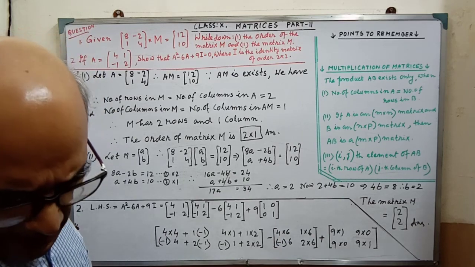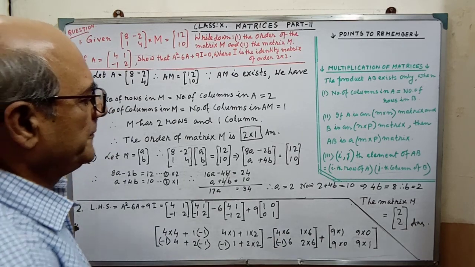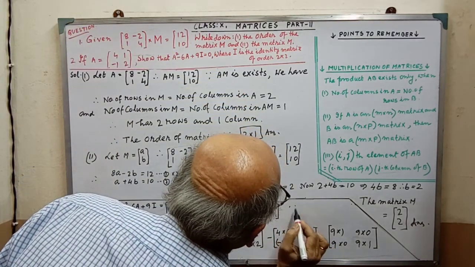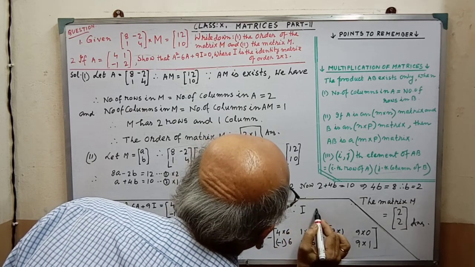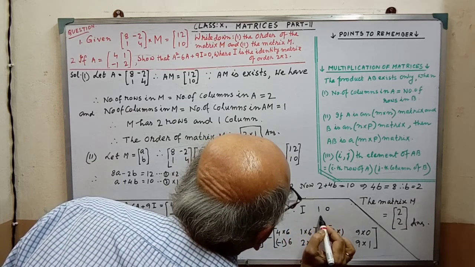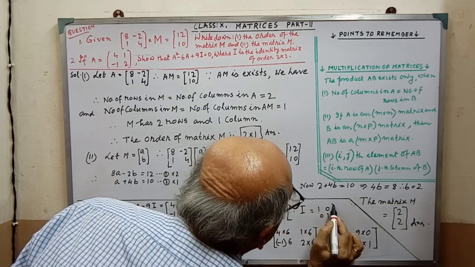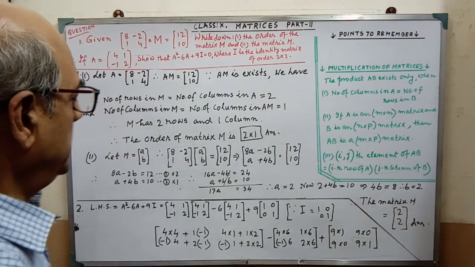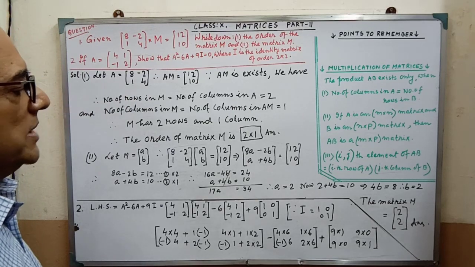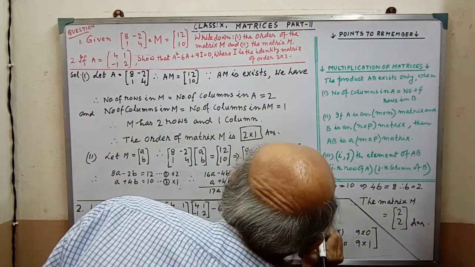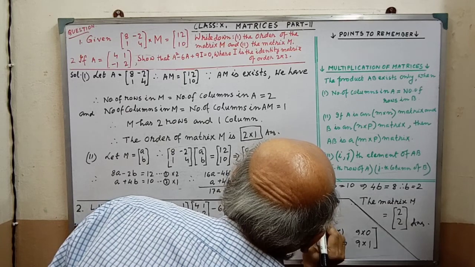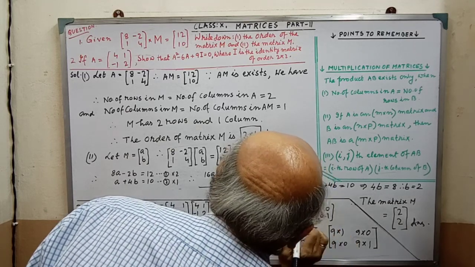This is the identity matrix. You may write down also here, since I equals 1 0 0 1. This you may write here. Now multiplication. Multiplication is very important, a very vital part.